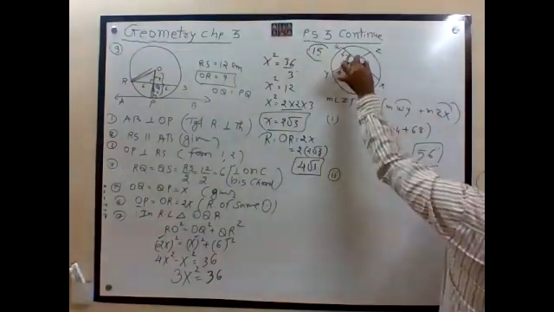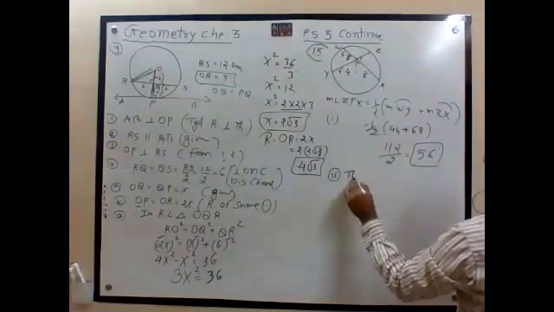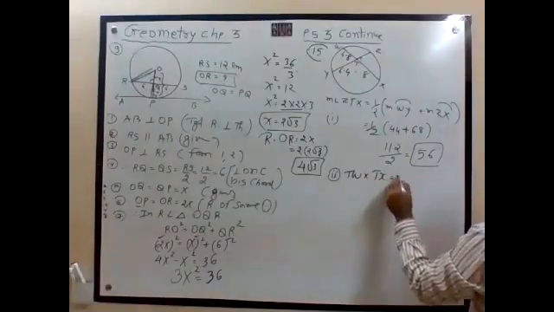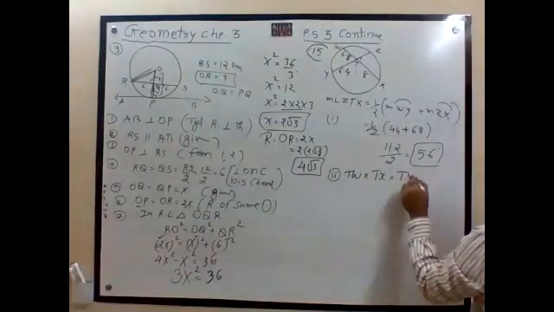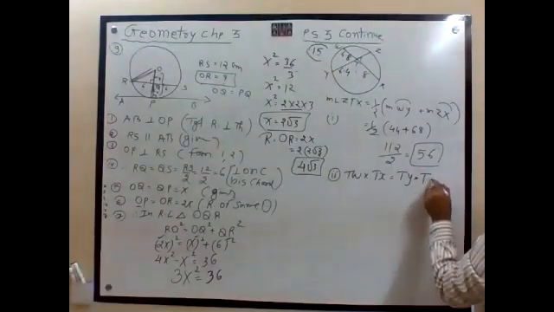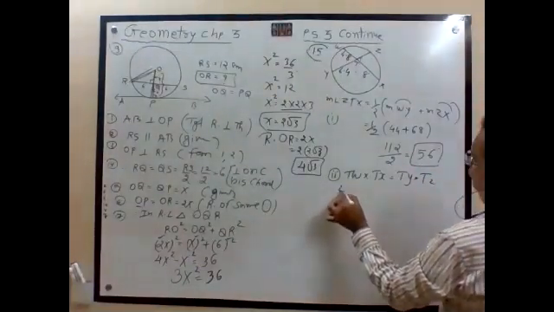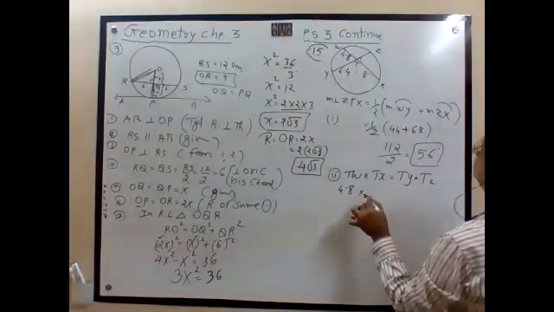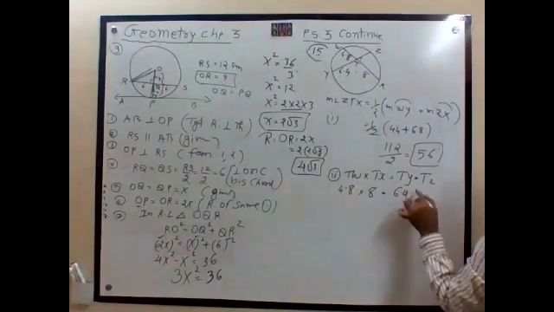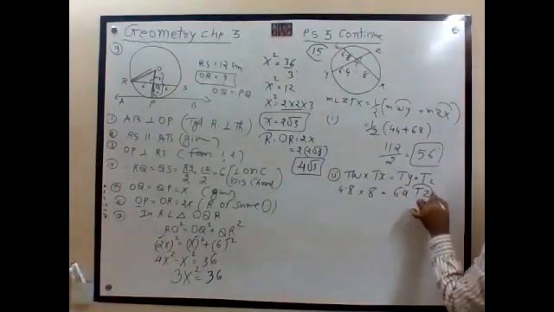So from the intersection, TW, TX, TY, TZ, this is given 4.8, this is given 8, this is given 6.4, this we have to find out.